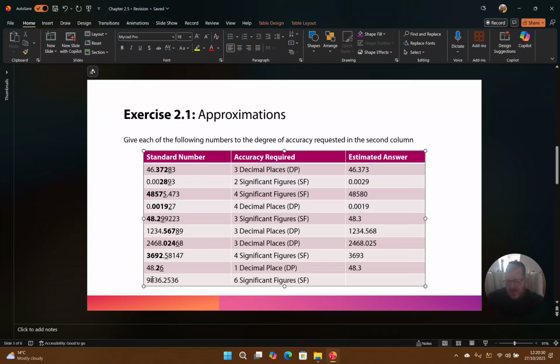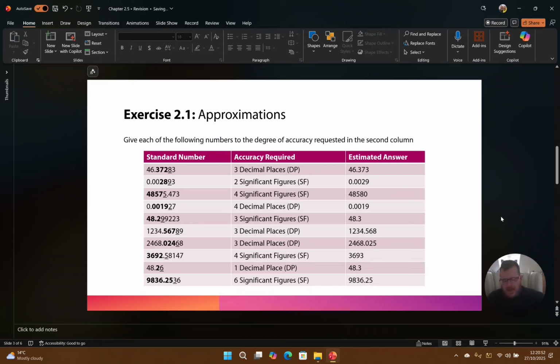And then 6 significant figures. 2, 5, and that 3 is less than 5, so we keep it as is. And that is the answers to what we are looking at in the revision of exercise 2.1.